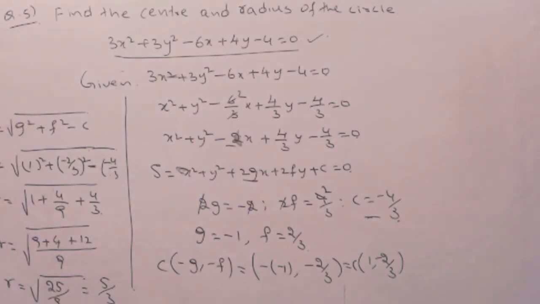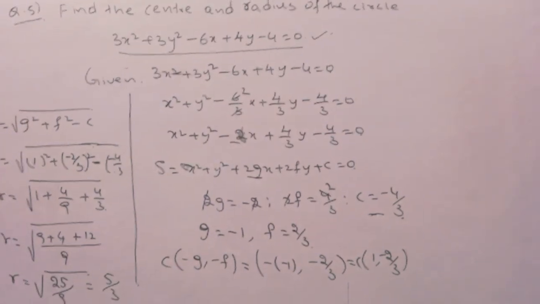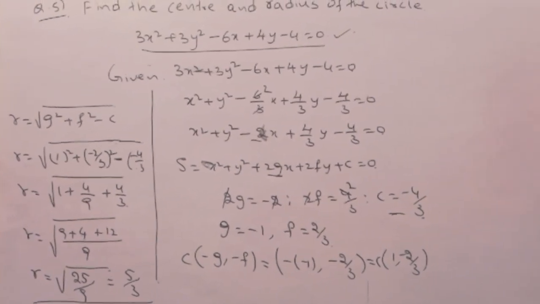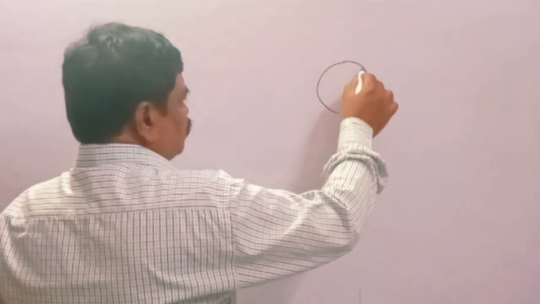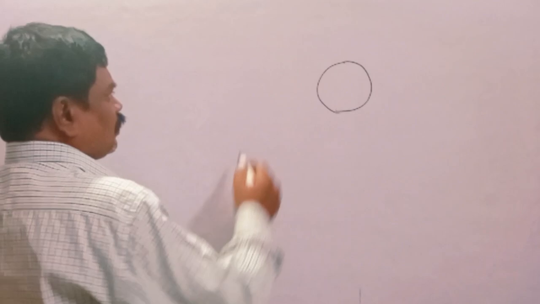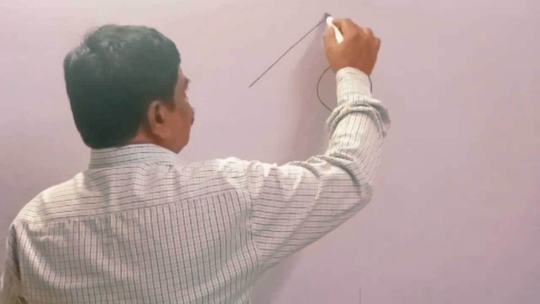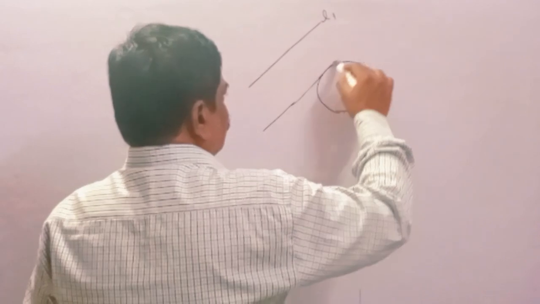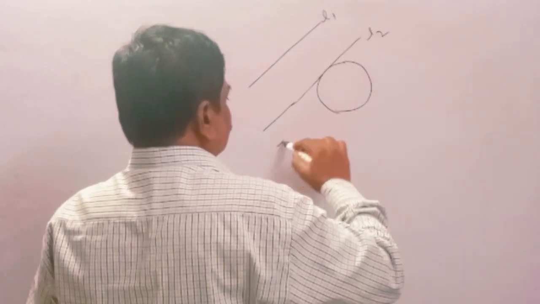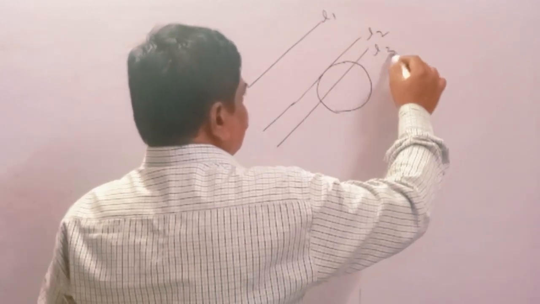Okay, all of you, that's all. Here you see, all of you, this is the circle and this is the line L1, this is the line L2, this is the line L3.